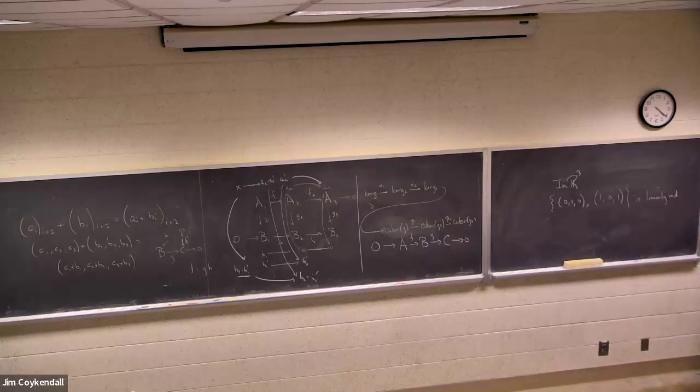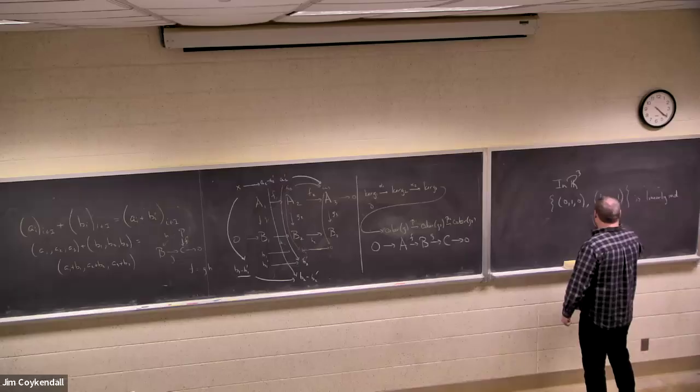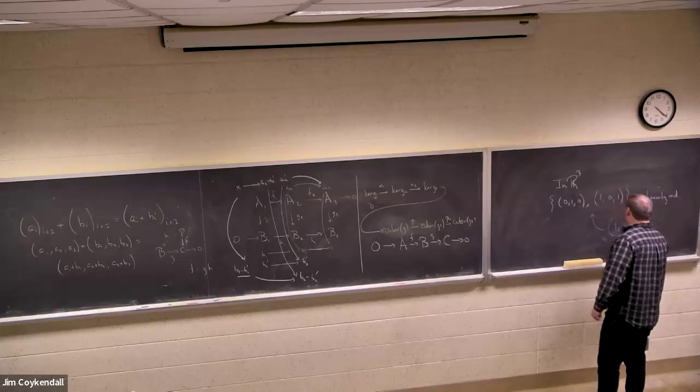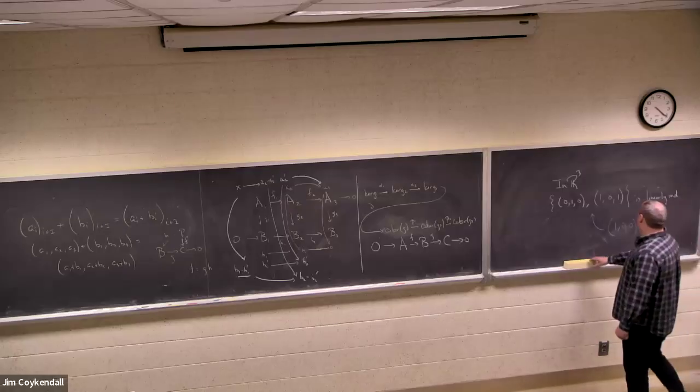This is a linearly independent set. Right, but it's not a basis because it's not maximal. I can add to this. How about this? And now this will actually work.